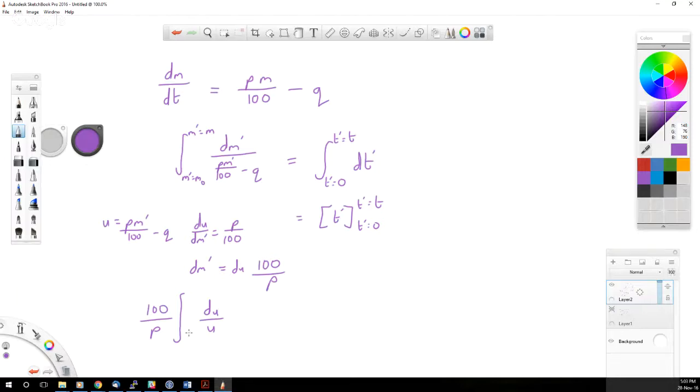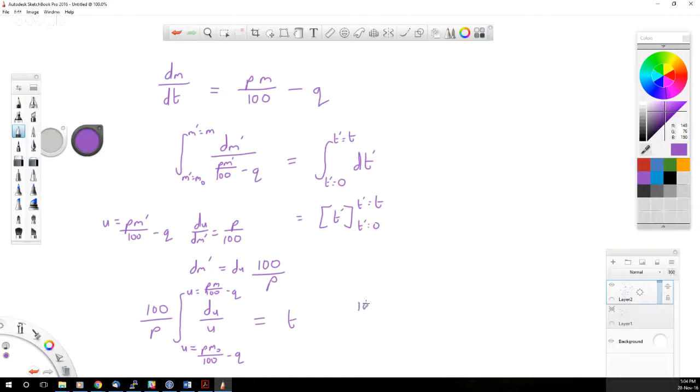And we go from u equals pM naught over 100 minus q to u equals pM over 100 minus q, and that is equal to t on the other side.